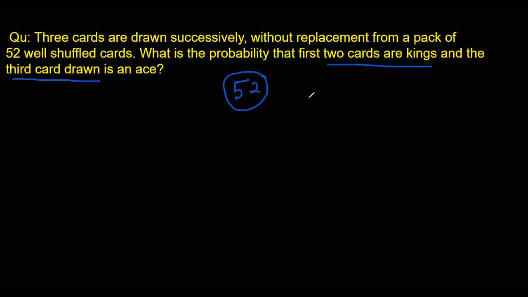Now, what will be the probability of getting the first card as a king? If I say P(K), that the first card drawn is a king, obviously, because I have four kings and the total number of outcomes is 52, it is 4 by 52. Now, what will be the probability that the second card is a king given that the first card drawn is a king?